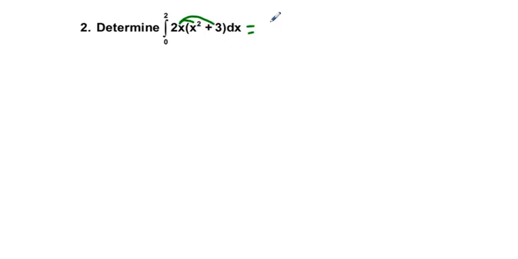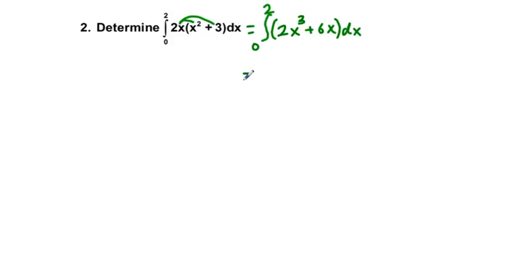And so what we have is 0 to 2, and for this we get 2x times x squared. Well, that's going to be 2x cubed. And then we have this 3 times 2x, so that's going to be plus 6x, and that's going to be dx.